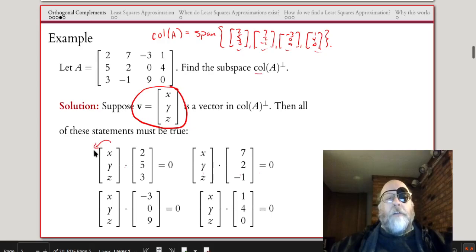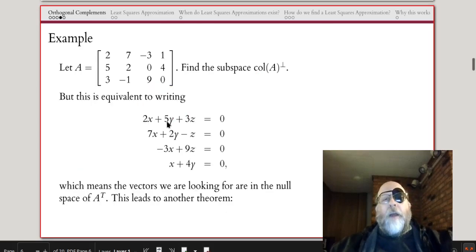On the next page, I'm going to write this dot product out. I'm going to write this as 2x plus 5y plus 3z equals 0 to get a system of equations. I'm going to write all four of these out. We get 2x plus 5y plus 3z equals 0, 7x plus 2y minus z equals 0 from the second column, negative 3x plus 9z equals 0 from the third column, and x plus 4y is equal to 0.